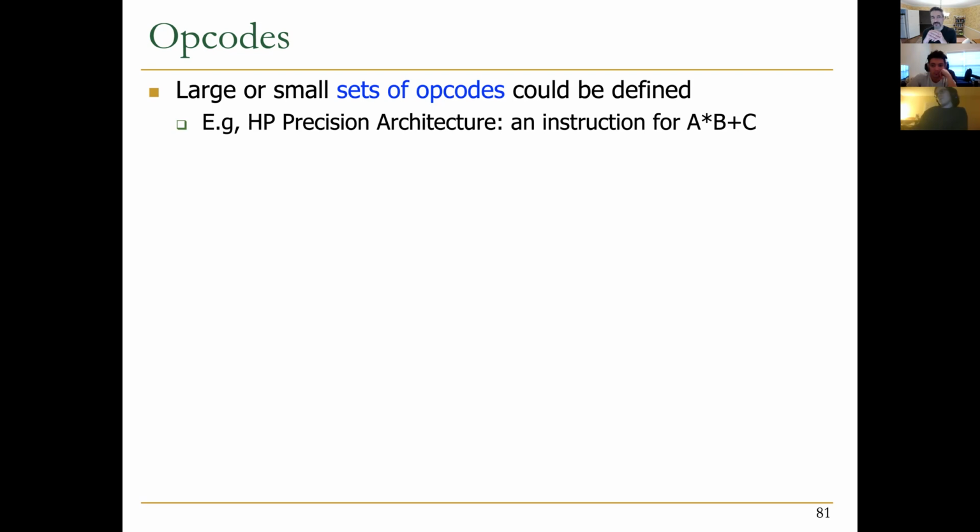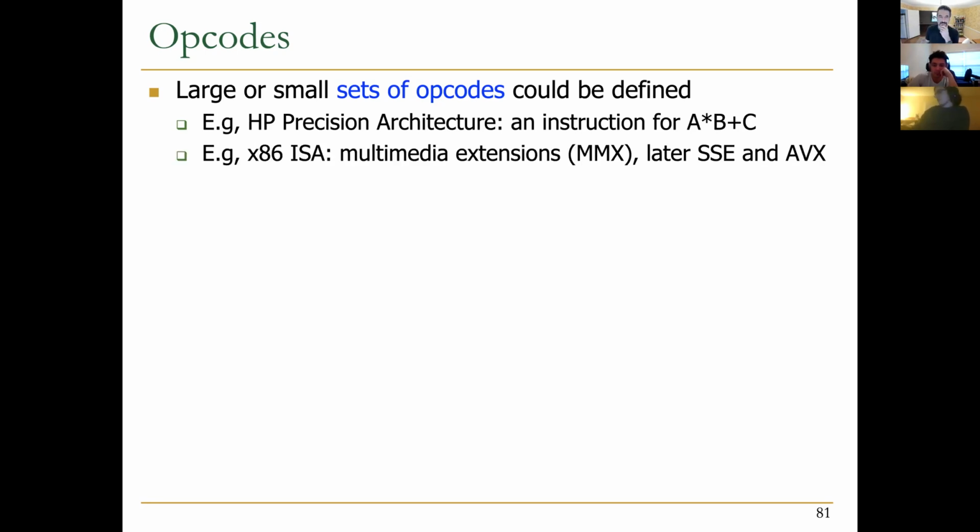Some opcodes could be very complex. Some instructions could be very complex. So for example, in the HP ISA, we had an instruction to do A multiply B plus C. This was one particular instruction in the ISA.